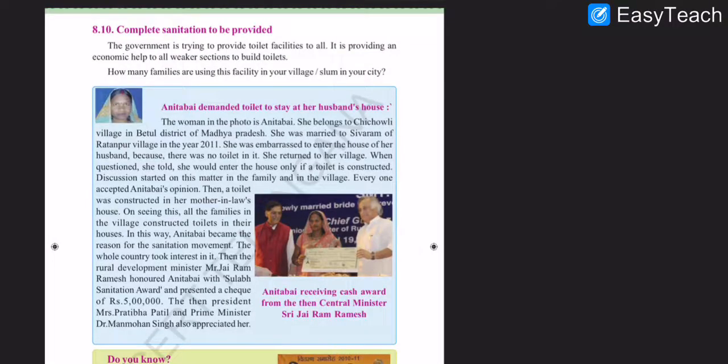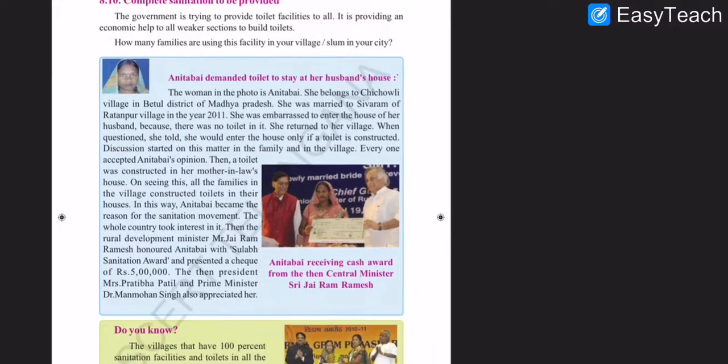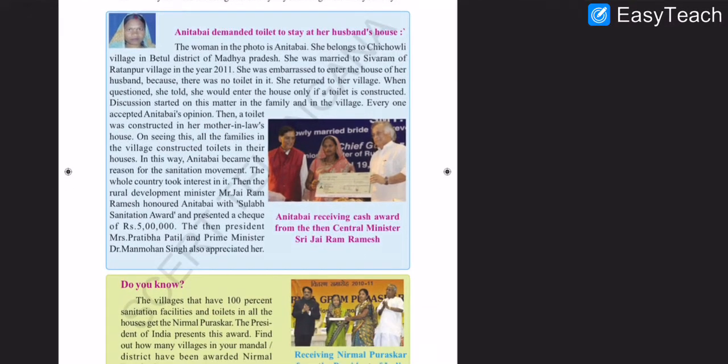See the textbook. Next side heading, complete sanitation to be provided. The government is trying to provide toilet facilities to all. It is providing economic help to all weaker sections to build toilets. You can see in your textbook about the woman Anita Bai who demanded a toilet to stay at her husband's house.